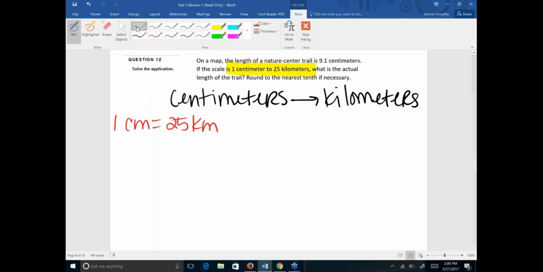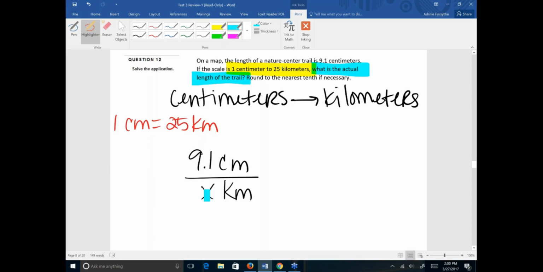So we have 9.1 centimeters, right? And we're going to use a proportion to solve this. So we want to figure out 9.1 centimeters is proportional to x kilometers. And that's what we're solving for. The actual length of the trail, that's going to be this. And that's proportional to the scale. So the scale says that 1 centimeter is the same as 25 kilometers.